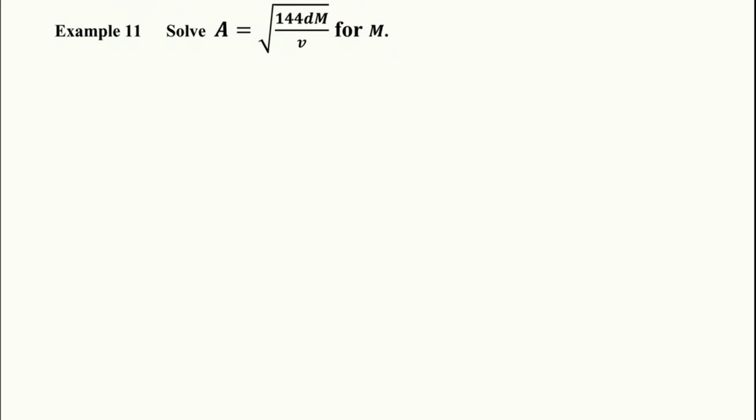All right, so here we have a square root situation, and we're going to solve for m. Of course, the first thing we'll want to do is see if we can get rid of this square root, and that's easy enough. We know that we need to go ahead and square both sides. So we end up with this.